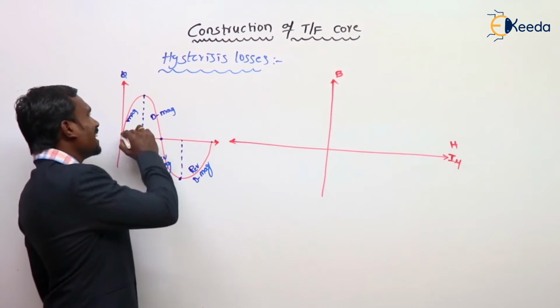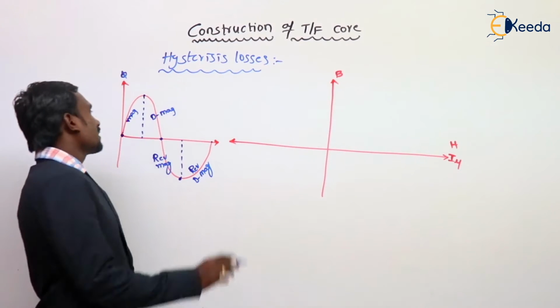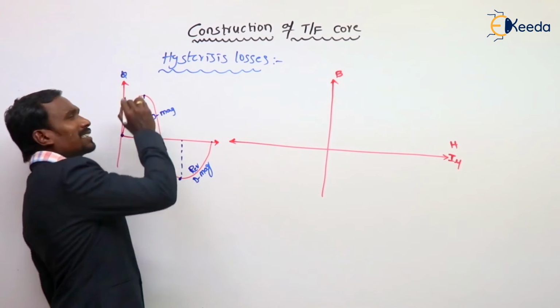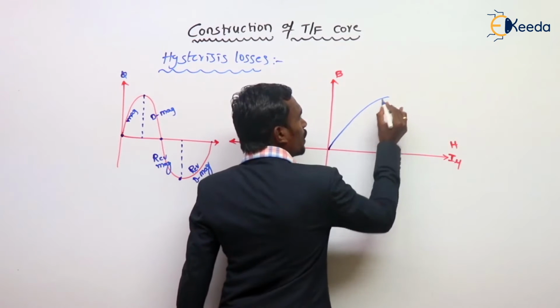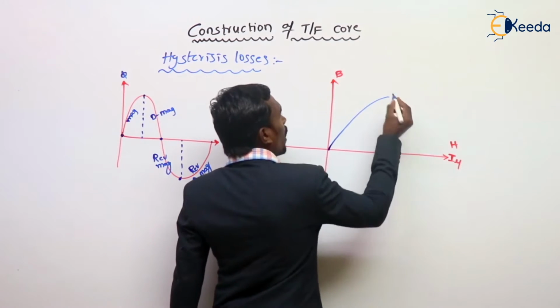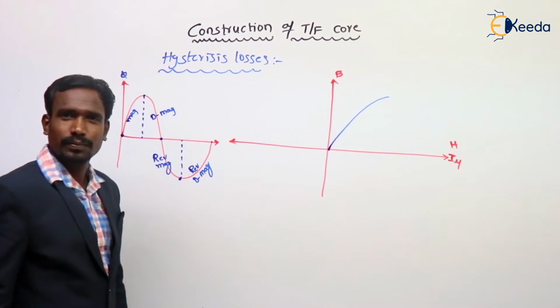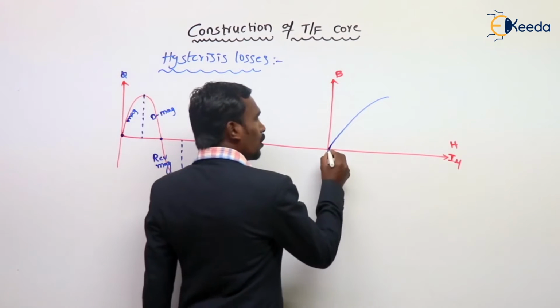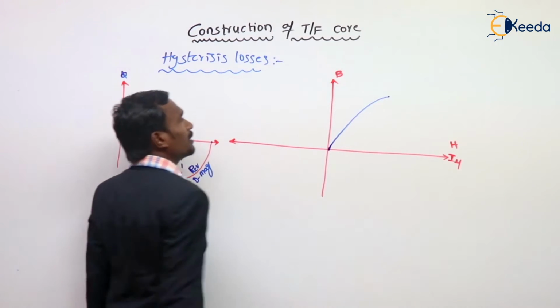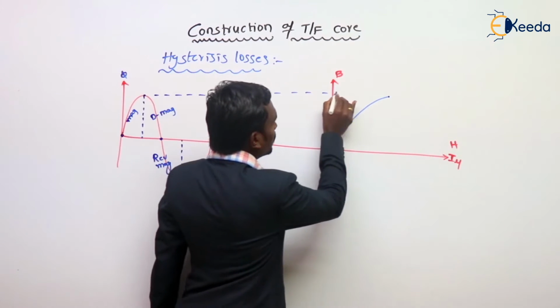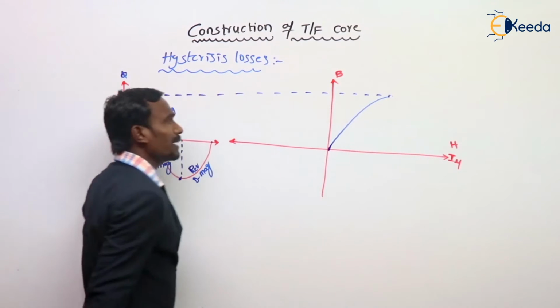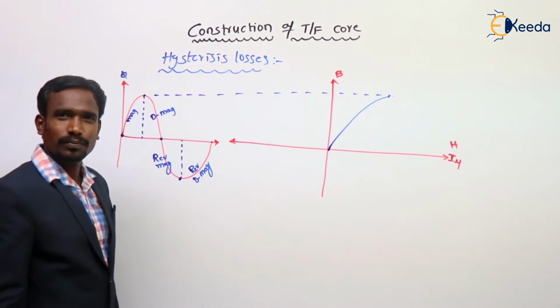When magnetization takes place, the flux goes from 0 to maximum, and as usual the flux density also increases from 0 up to maximum. This is the maximum flux density.